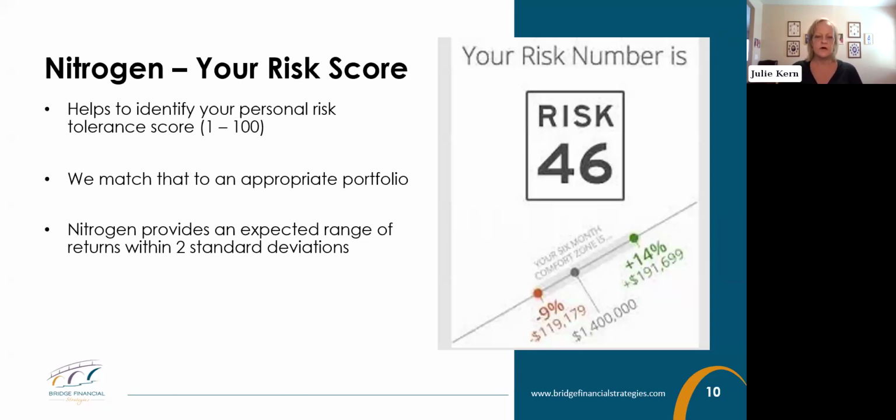So that helps us to have a conversation with you, just to make sure, both in terms of the percentage, and in this case, on a $1.4 million portfolio, that would be a dollar reduction of almost $120,000 or potential appreciation of $190,000. So just to make sure that you understand going in that in any 6 months, that would be considered a completely reasonable range of returns.